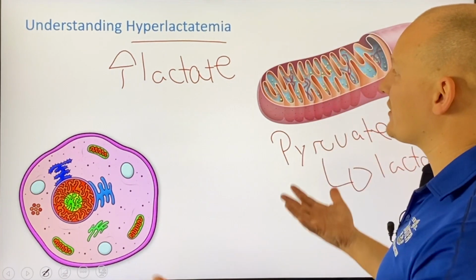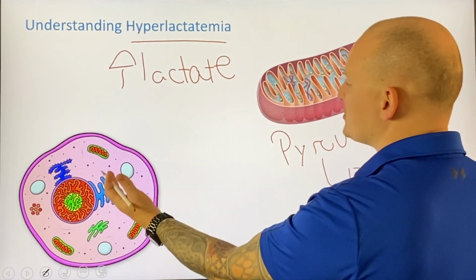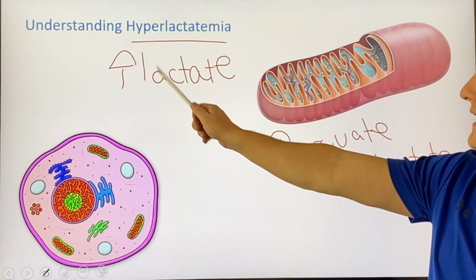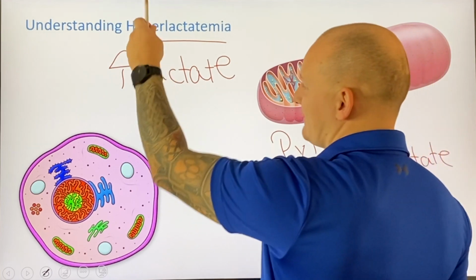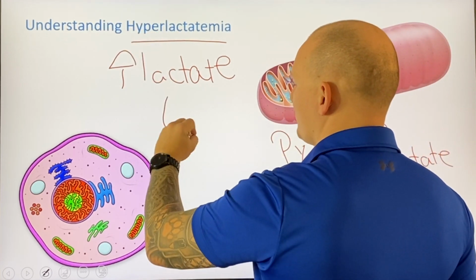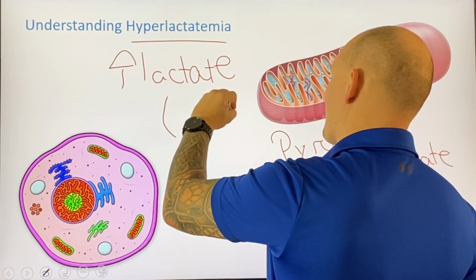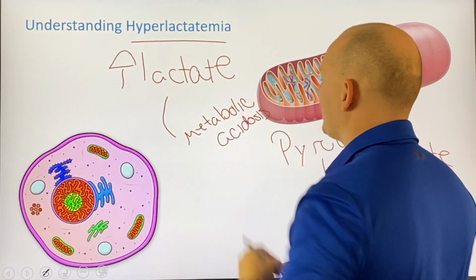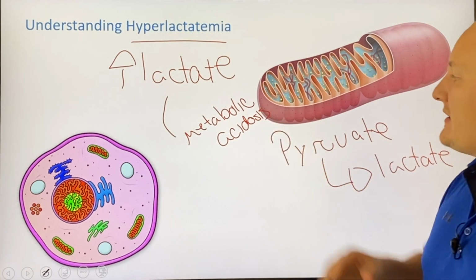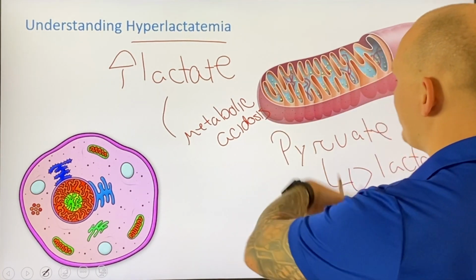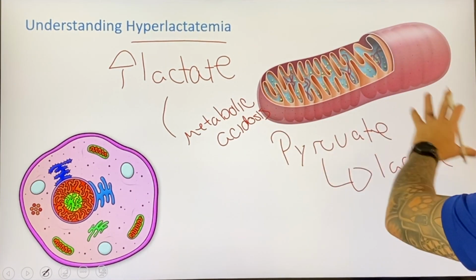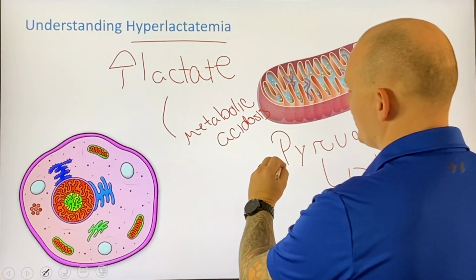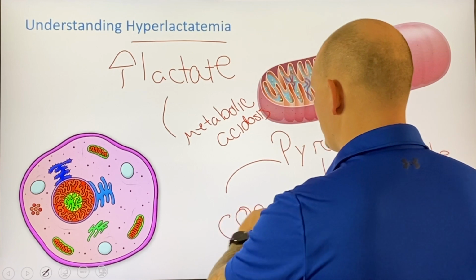As we continue to try and create energy through the mitochondria inside the cells, we're ultimately going to be creating lactate. This lactate elevation is going to precipitate a metabolic acidosis. Another big thing when it comes to the Krebs cycle and pre-Krebs, with the pyruvate breaking into acetyl-CoA, is that it's also going to produce a lot of CO2 as a byproduct.